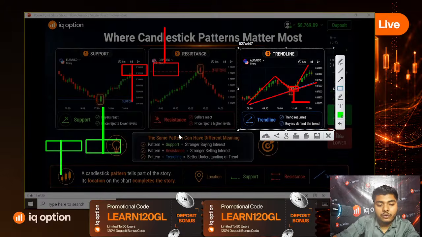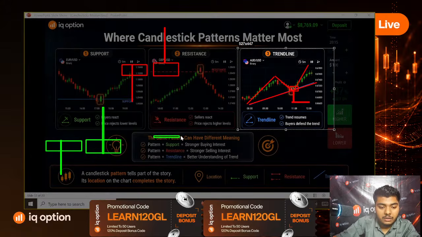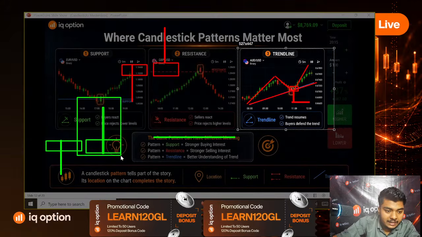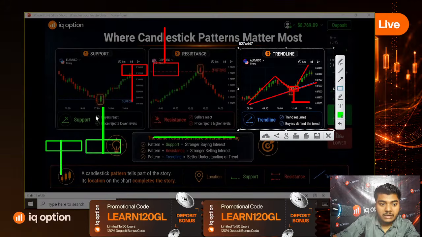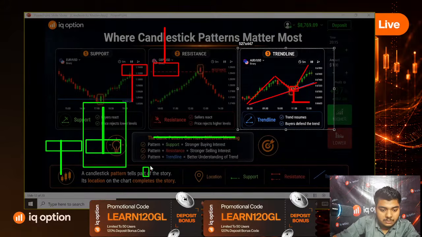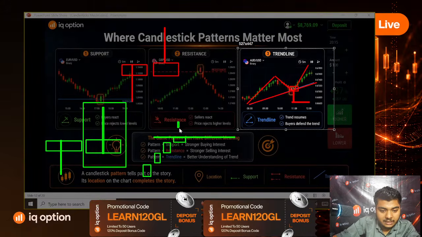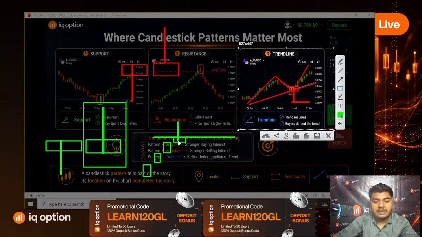If you find an inverted bullish hammer, focus on what I'm saying here. Suppose the market pushes the price in the upward direction and you simply get a hammer candle at the resistance area. That simply means selling pressure. A bullish hammer can also reverse the market in the downward direction, and a bearish hammer can reverse the market in the upward direction.